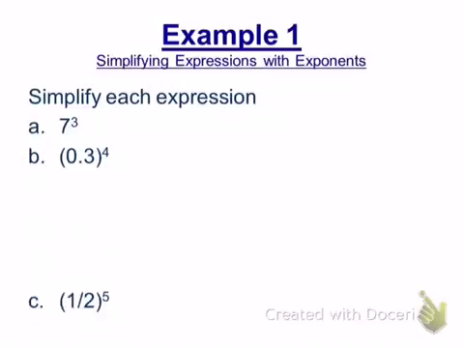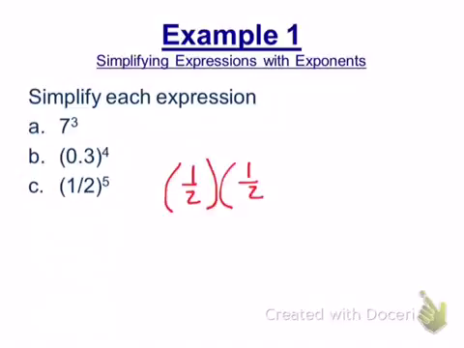All right, next example. 1/2 to the fifth power. Wouldn't it just be 1? Well, what does it mean? Let's go strictly to the definition of things. 1/2 to the fifth power is 1/2 times 1/2 times 1/2 times 1/2 times 1/2, right? And if I'm doing that, then I'm multiplying 1 times itself.